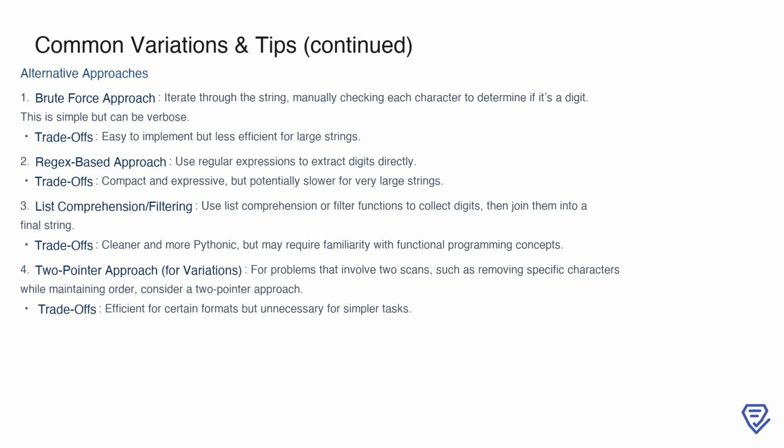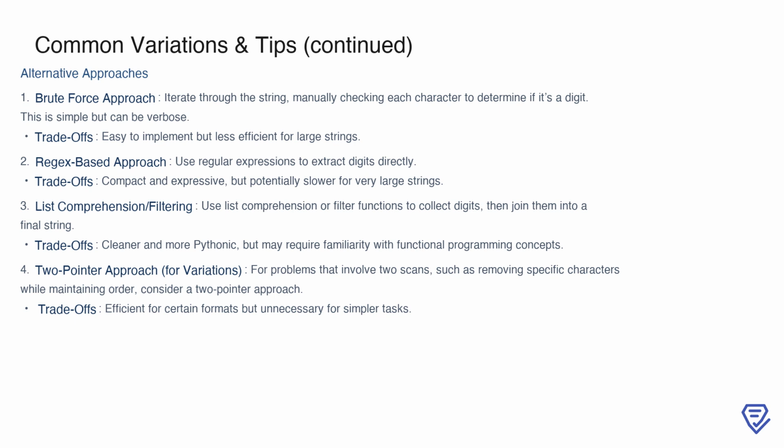Regex allows you to directly extract digits in a compact and expressive way. However, it may perform slower on very large strings and can be harder to understand for those unfamiliar with regex syntax. A more Pythonic approach involves using list comprehension or filter functions to collect digits and then joining them into the final string. This method is clean and efficient, but it requires some familiarity with functional programming concepts.